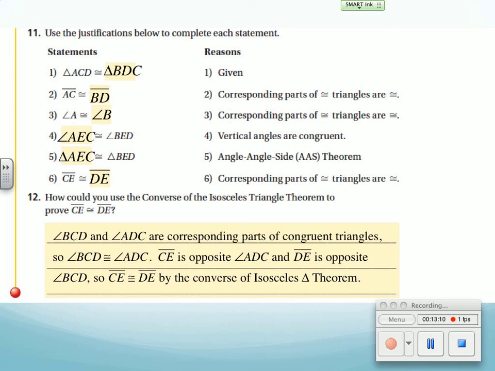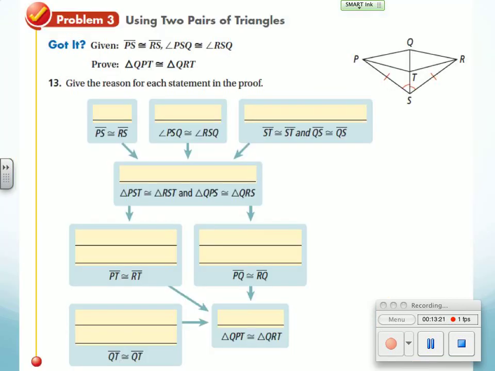Now let's look at how we use two pairs of triangles. We are given that PS is congruent to RS, and angle PSQ is congruent to angle RSQ. And we want to prove that triangle QPT is congruent to triangle QRT. So first we can say PS is congruent to RS, that's given, and angle PSQ is congruent to angle RSQ, that's given.